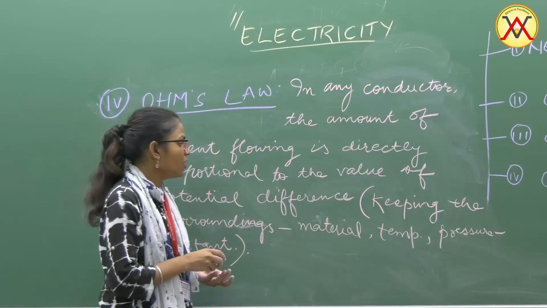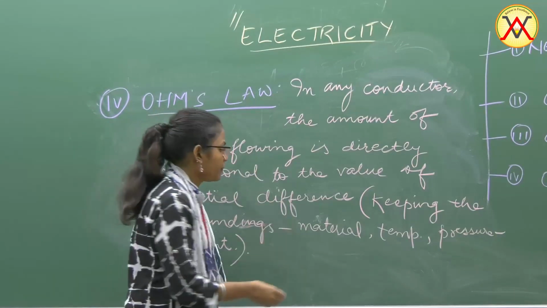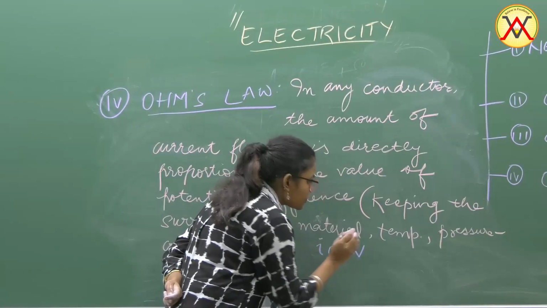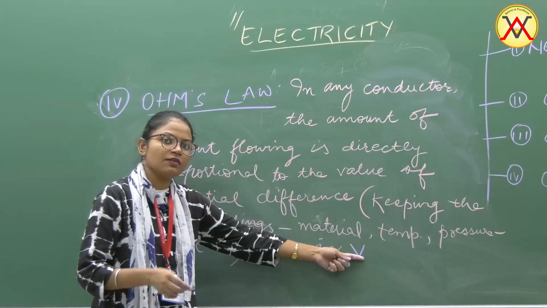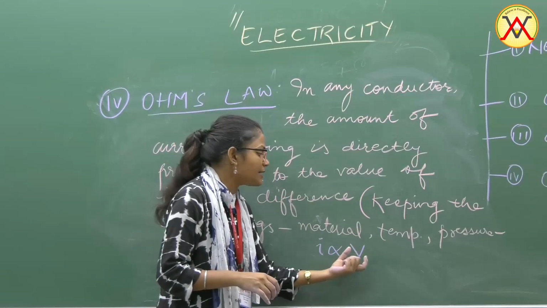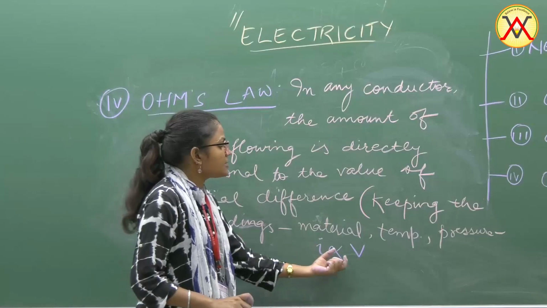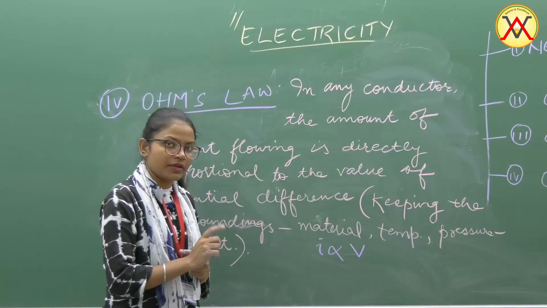Okay, so our Ohm's law: I is proportional to your potential difference. Furthermore, we will be writing our potential difference as simply V. I is directly proportional to potential difference.